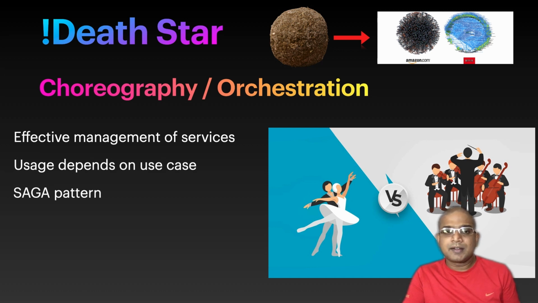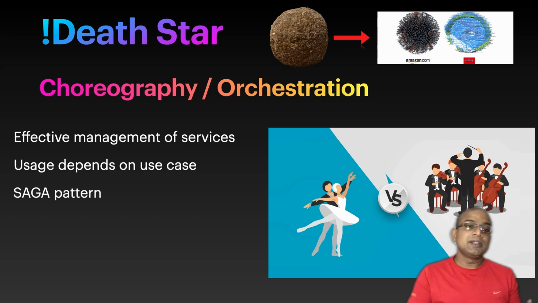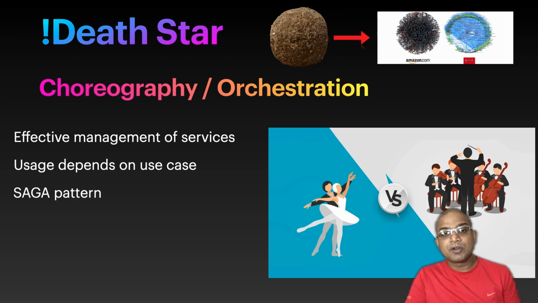If you are not 100% sure about all the fail scenarios and all the exceptions that you can catch, then it is better to go with orchestration. Whether to use choreography or orchestration is an entirely different discussion, but you have to use one of these.